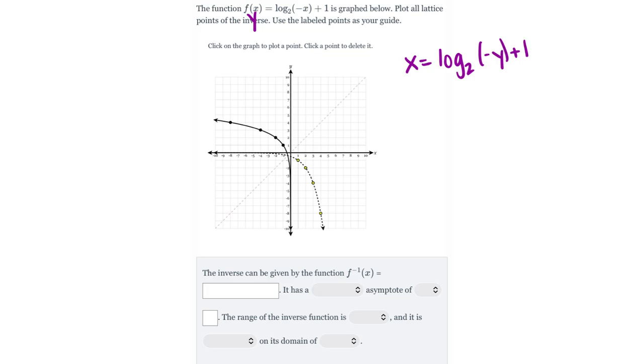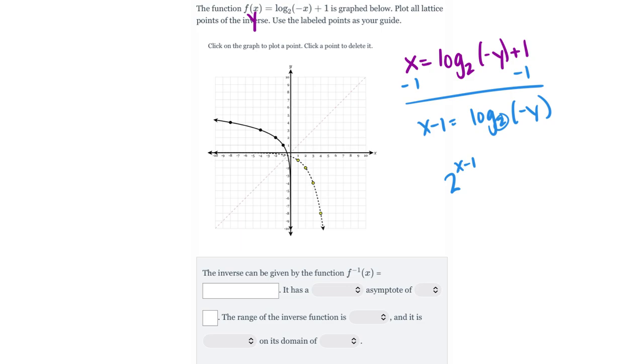And then we need to solve for y. So to solve for y, this is a log equation. To solve for y, we need to get log by itself first. So we'll subtract the 1 over. And then once log is by itself, we can rewrite this in exponent form. So the base of our logarithm is the base of our exponent, and logs are always equal to the exponent.